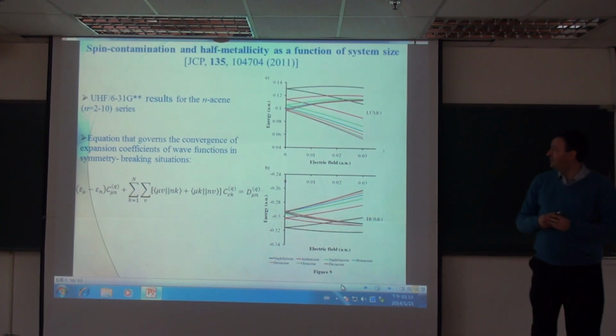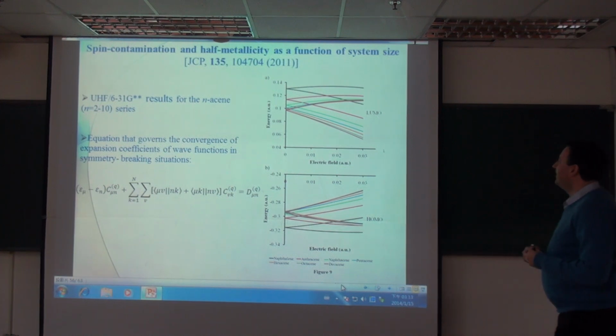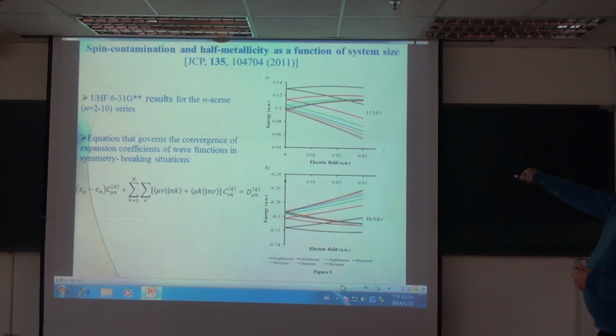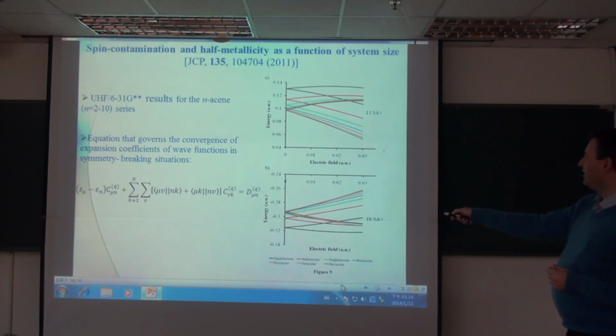So on this slide, I show results obtained for acenes of increasing size at the unrestricted Hartree-Fock level with a 6-31G** basis set. And you see that the extent of the half metallic split increases with increasing system size. This can be understood from the equations which govern the convergence of wave function expansion coefficients in symmetry breaking situations.